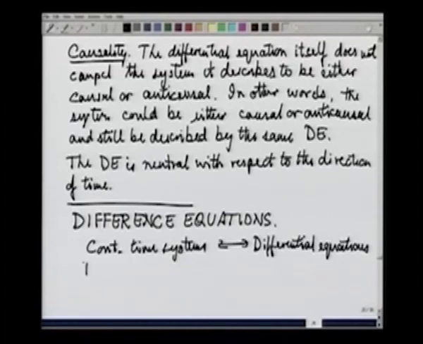If you have discrete time systems, you would describe them using difference equations.